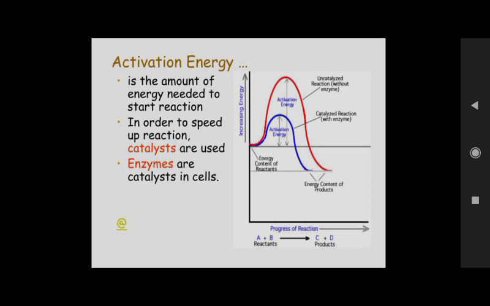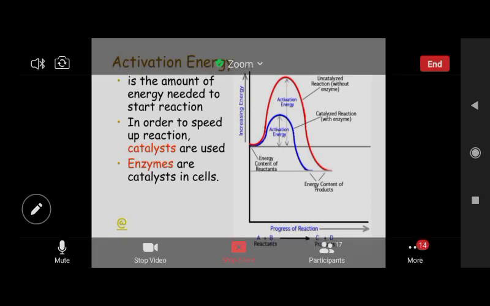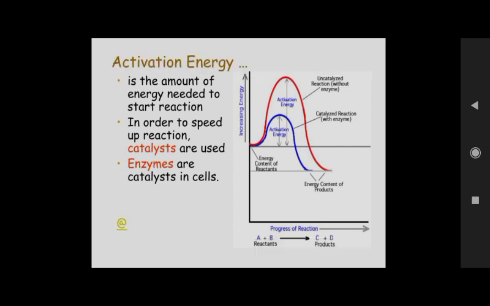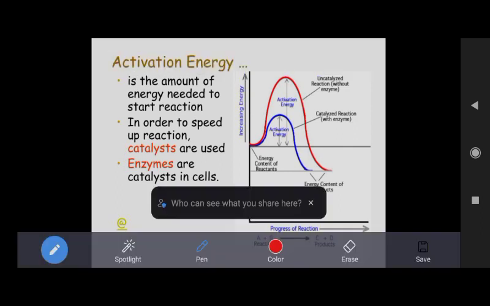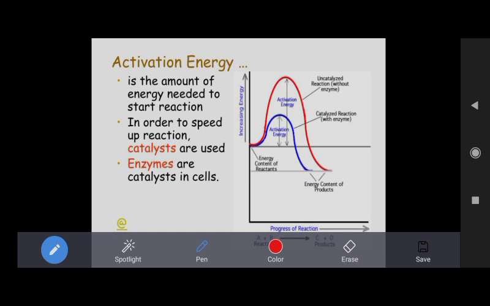Now, first of all, students, as I asked you in the beginning of today's class, what are any two properties of the enzyme, and maximum of you have written that enzyme increases the rate of the chemical reaction. Now, let us discuss this very graph. In this image, students, you can see that a graph is plotted.